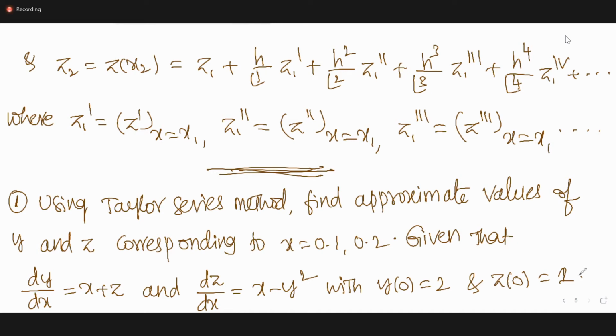Z of 0.1? 0.5839. Okay. So using Taylor series expansion, we will get the same results, y of 0.1, z of 0.1, nearer to Picard's result.